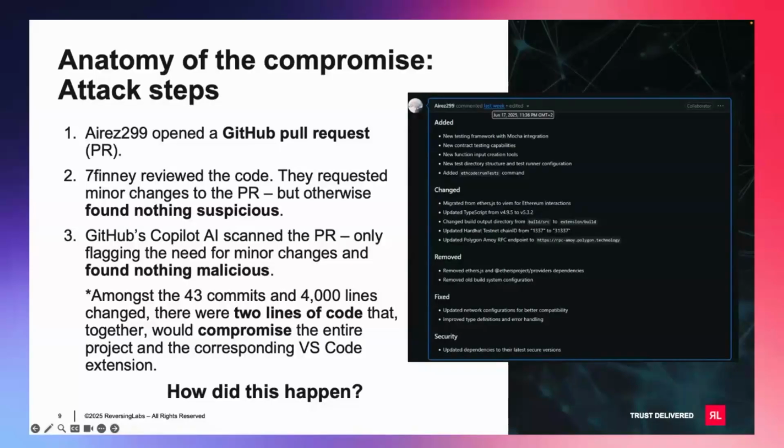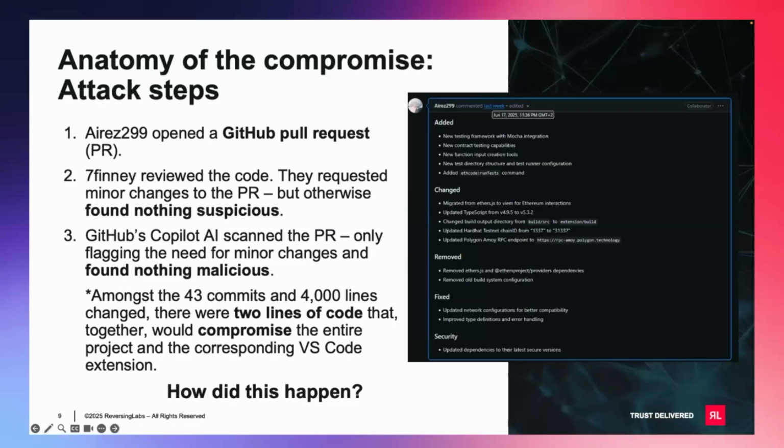Sure. So there was a GitHub account that opened a pull request for this extension. It was basically pretending to help the developers, introducing new stuff, cleaning up some stuff, all under false pretenses to sneakily introduce the 2 lines of malicious code that actually compromised this whole extension.